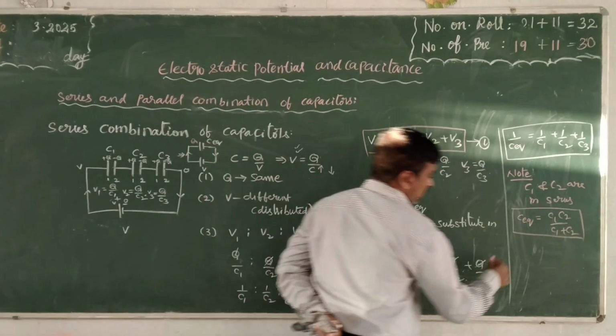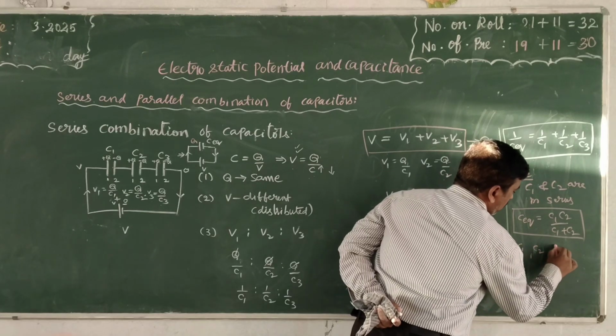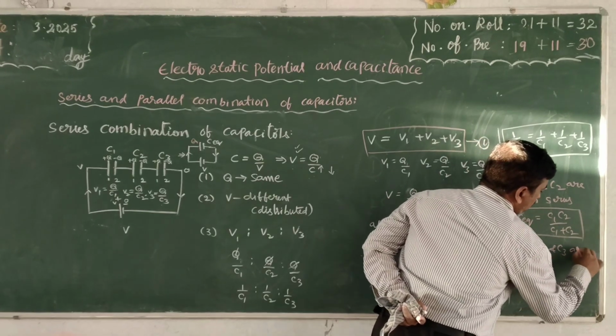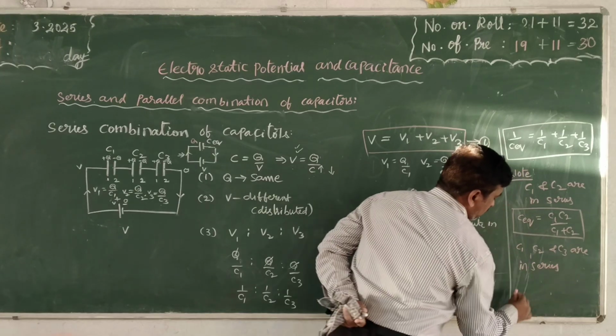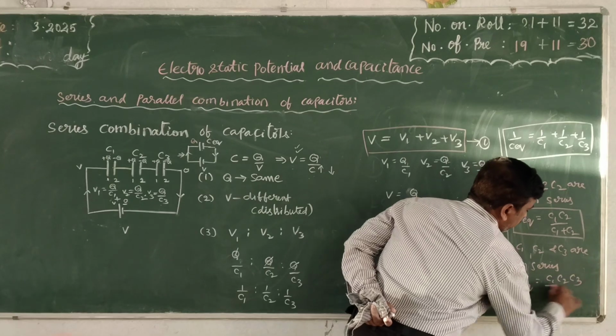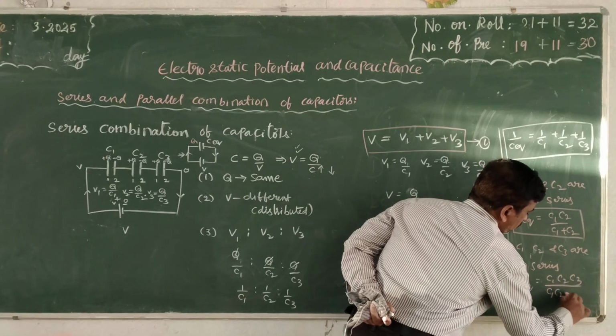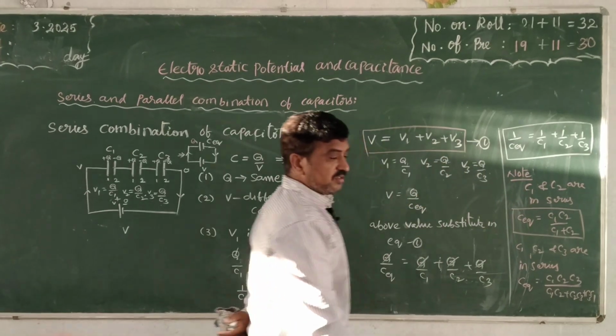When three capacitors C1, C2 and C3 are in series, the equivalent capacitance is C1 C2 C3 by C1 C2 plus C2 C3 plus C3 C1. This is the formula for C equivalent.